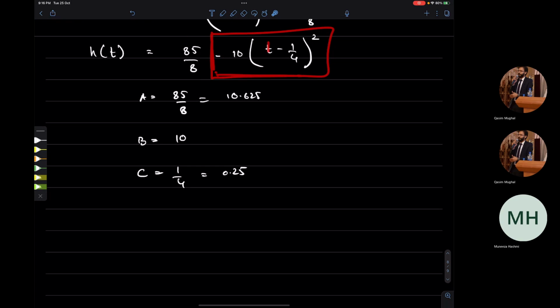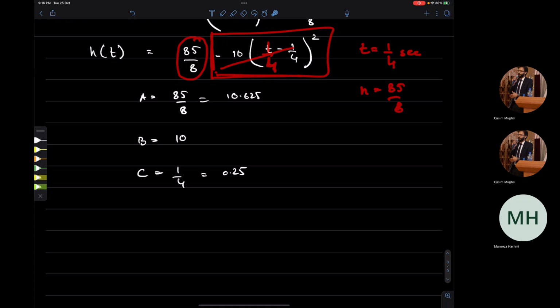This could be 0 if I have plus 1 by 4 here, so this thing is gone. So basically, at 1 by 4 seconds, I will reach the maximum height, which is 85 by 8.